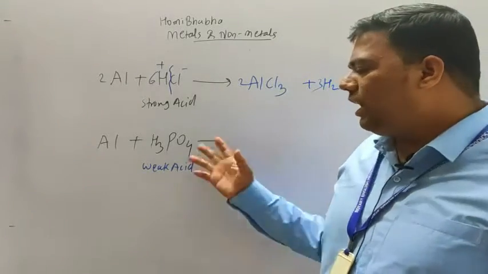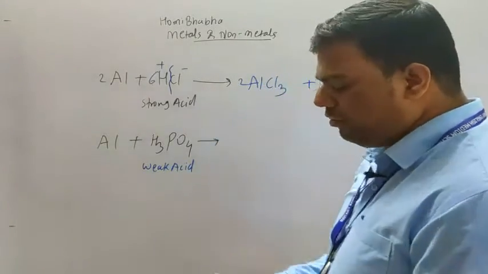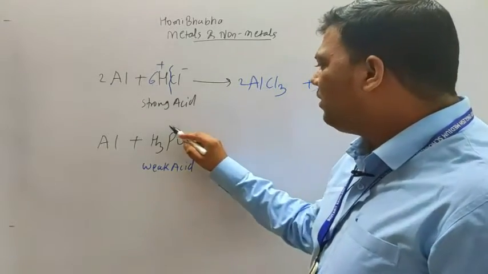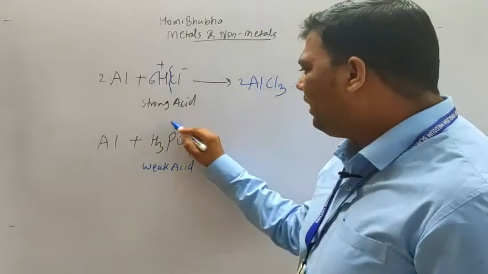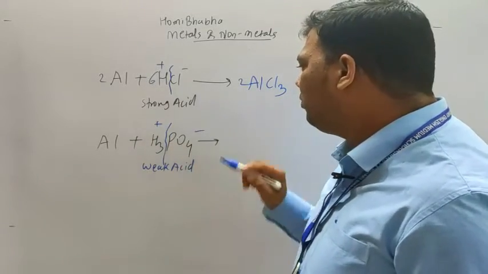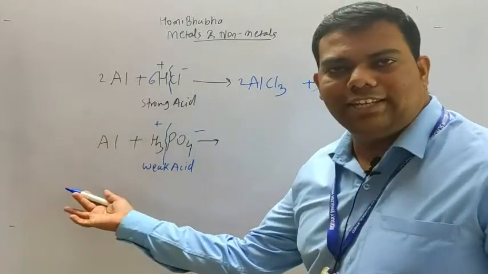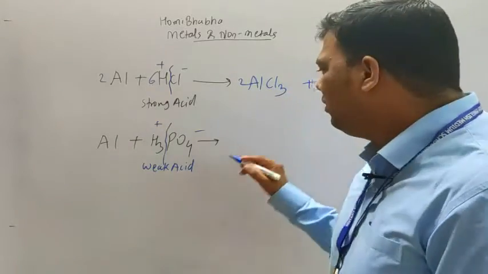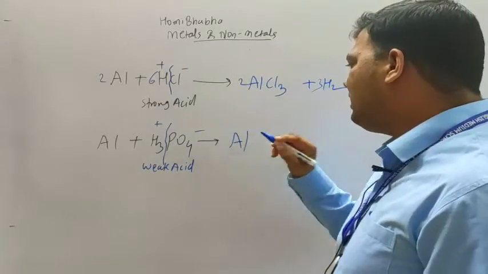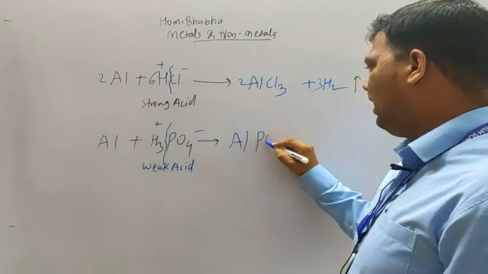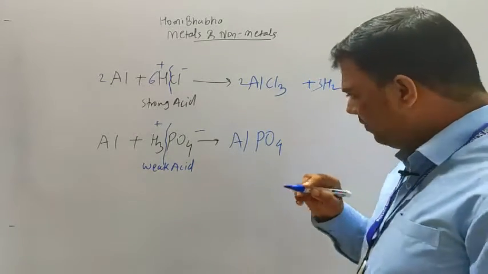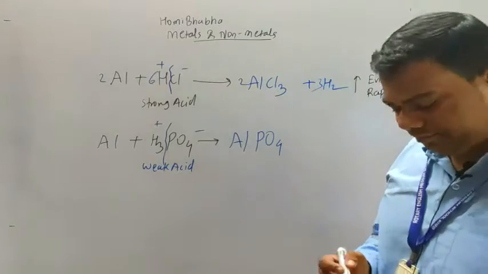So see here Al plus H3PO4. Obviously, wherever necessary, as I told already, you have to do breaking, like this: H plus PO4 3 minus. Here, as you know, the metal is already electropositive. So what will you get here? Yes, you will get AlPO4. Why this formula?